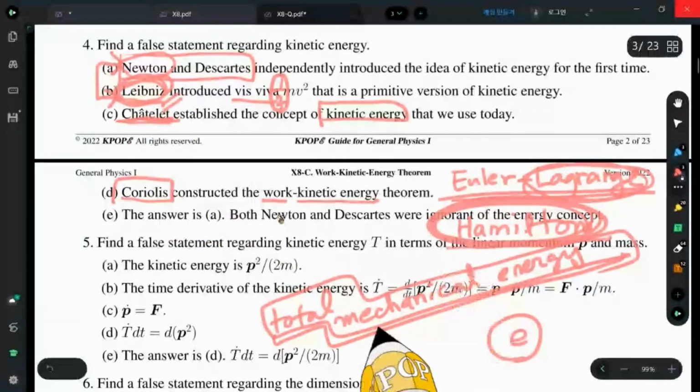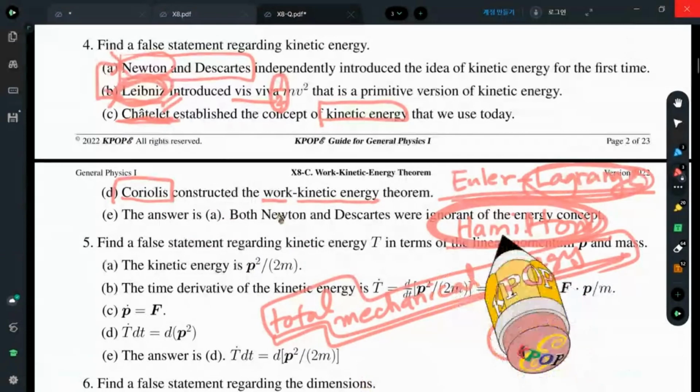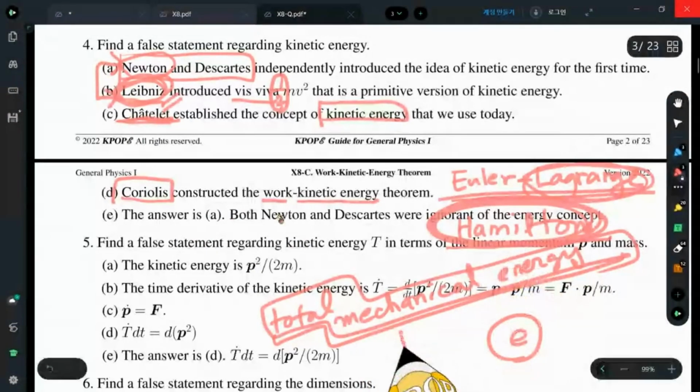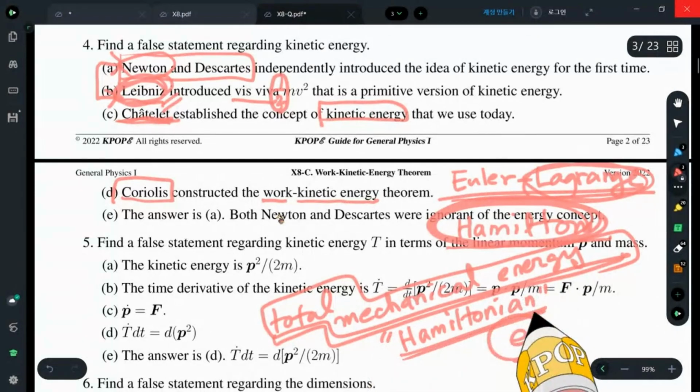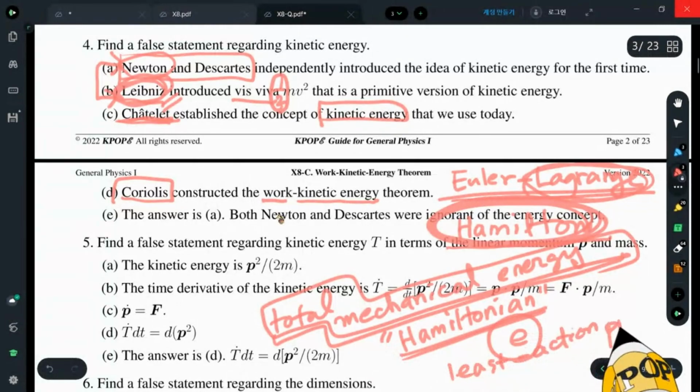Total mechanical energy is what we call in classical mechanics the Hamiltonian, named after this very important person who developed the idea of the least action principle.